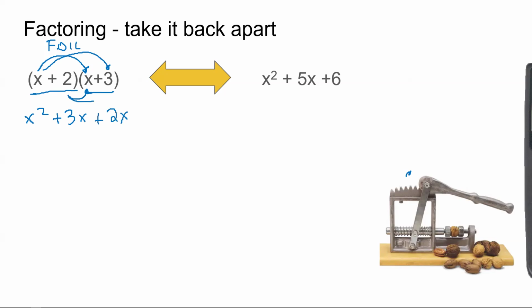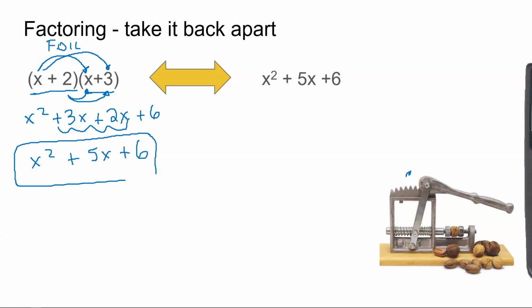And lastly, I've got the last times the last. 2 times 3, positive 2 times positive 3. It's going to be positive 6. We want to combine those like terms right there. I end up with x squared plus 5x plus 6. Okay, so that's what happens when we multiply those two binomials.